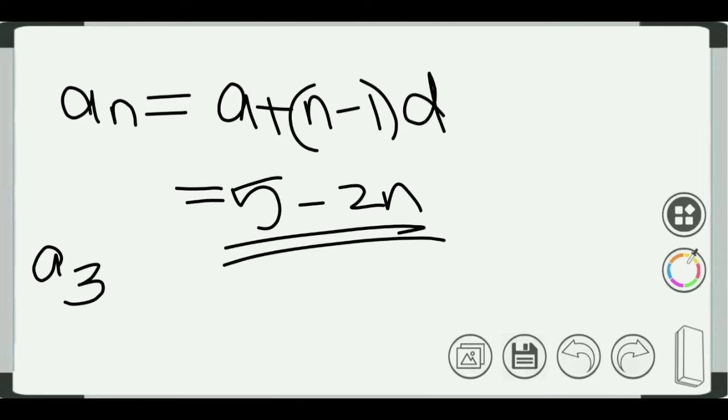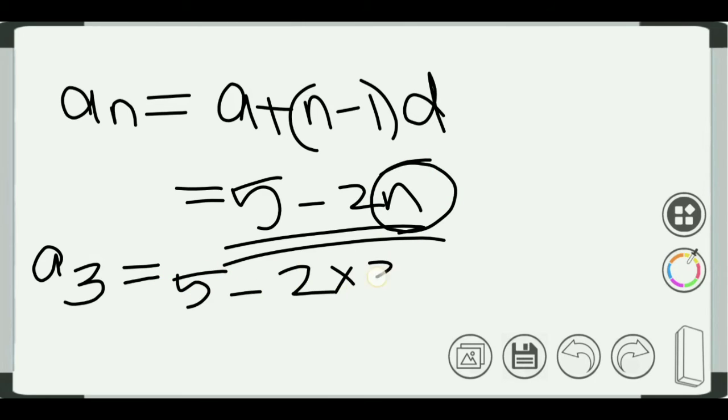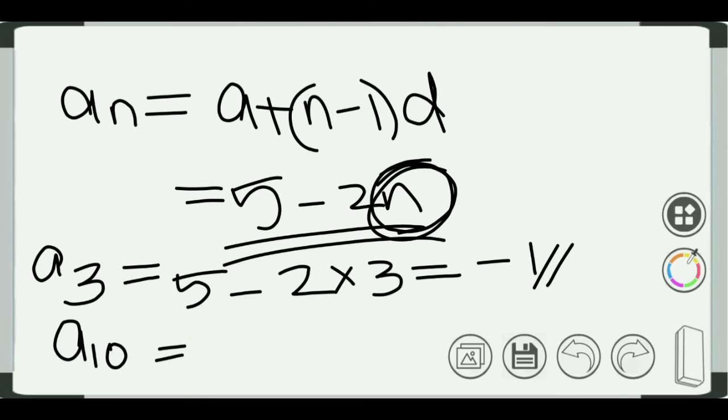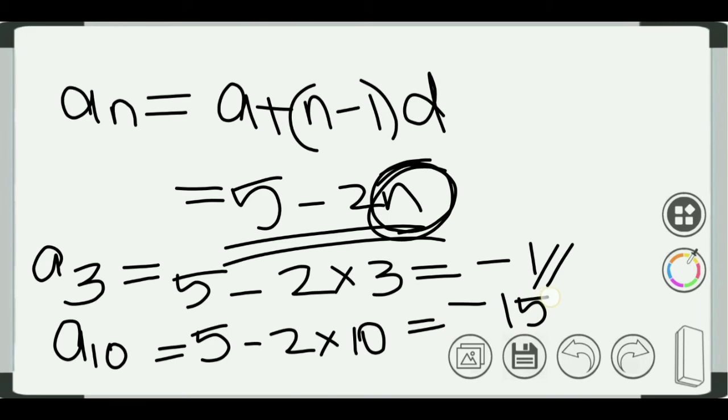You can find a3 by putting 3 instead of n. So 5 minus 2 into 3. 2 into 3 is 6. So 5 minus 6 is minus 1. Same way you can find the 10th term. Put the value of n as 10. 5 minus 2 into 10. So 5 minus 20 is what? Minus 15. Now you have found everything.